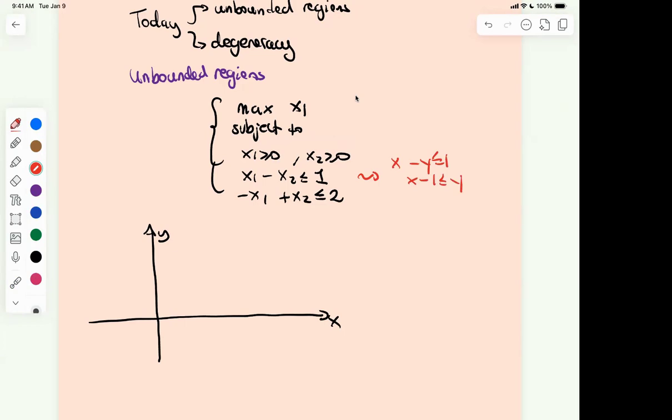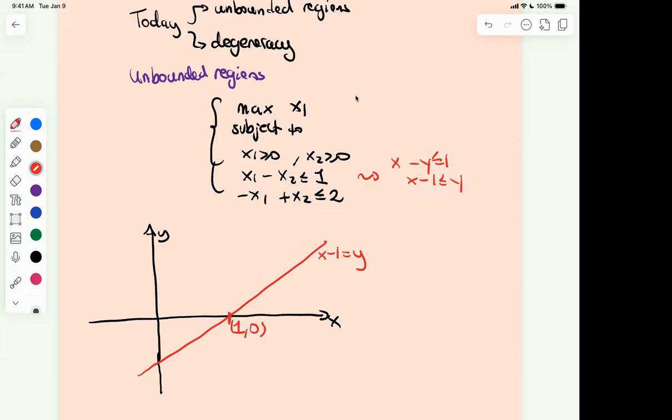So how do you plot that? Again, you can do the equality first, which would be the equation of a line. It's an increasing line because it has positive slope. This is roughly how that line looks like, and this is 1, comma 0.